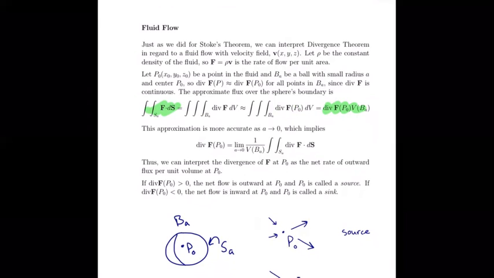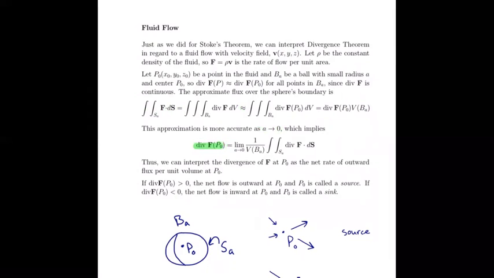Now let's rearrange this a little bit to get the divergence by itself, and this is what we have here. And we'll let a go to 0 to make this approximation exactly equal. And what we arrive at is this limit equation right here.